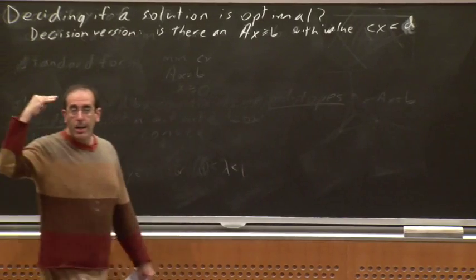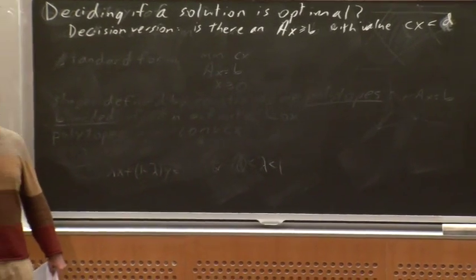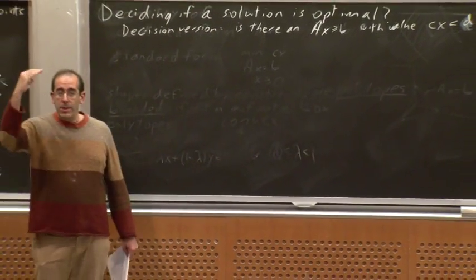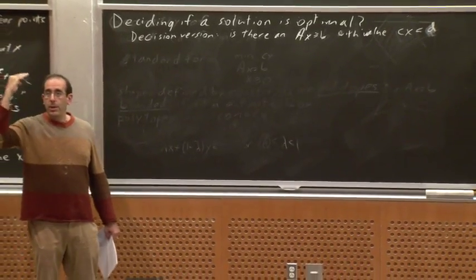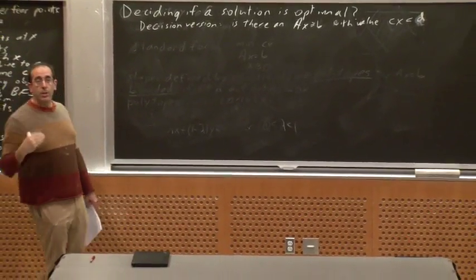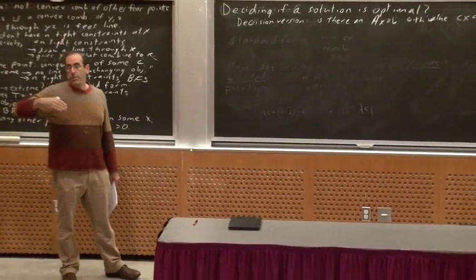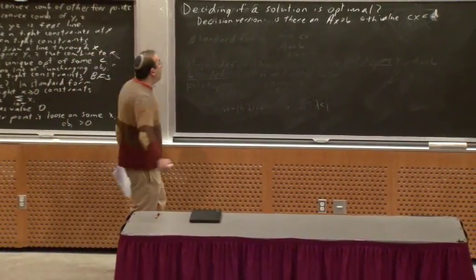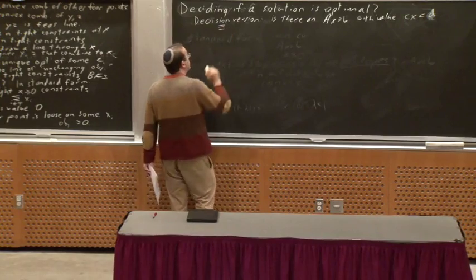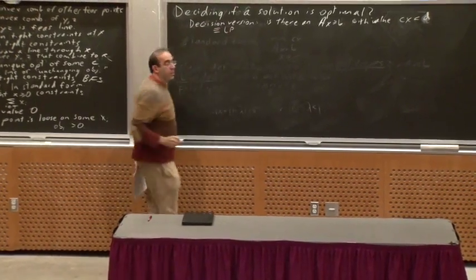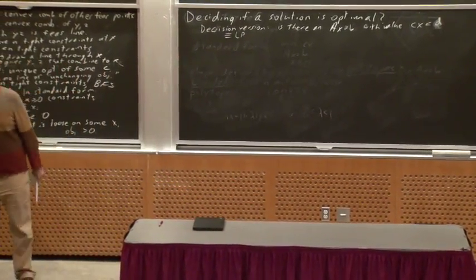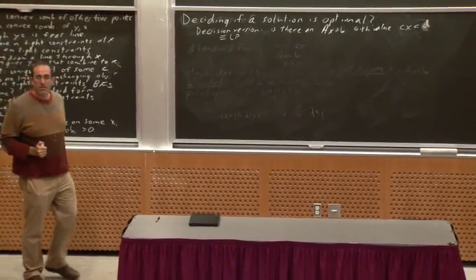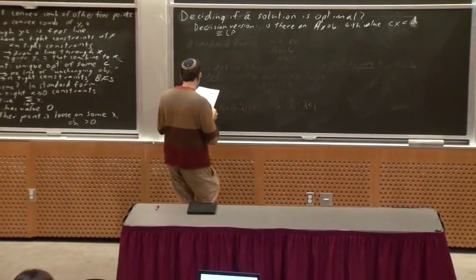Okay, so we can set a threshold and ask the decision version of the problem. Often decision versions of problems are easier or a good starting point for thinking about optimization versions. For one thing, you can use binary search on a decision version in order to get optimization. Unfortunately, we're going to show that this is equivalent to standard linear programming, so that's not going to be a useful simplification to tackle.